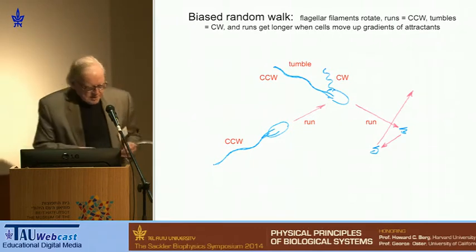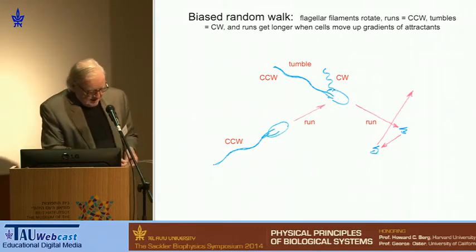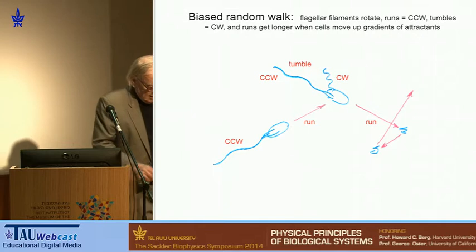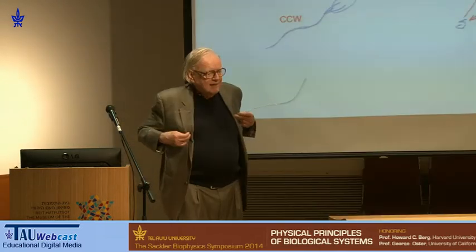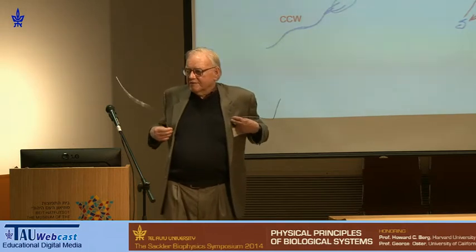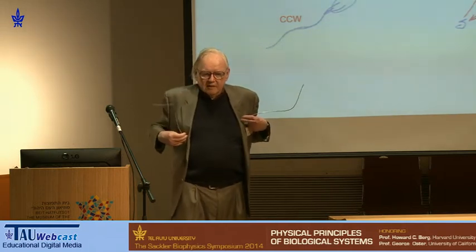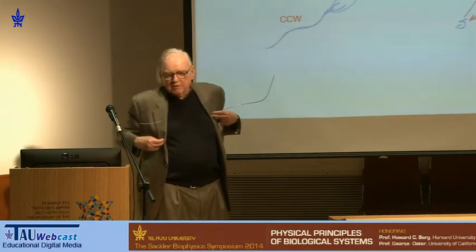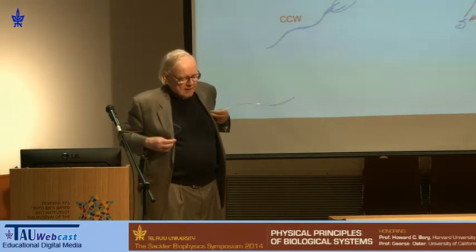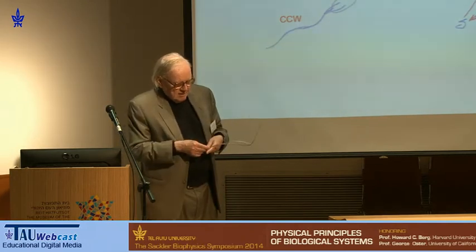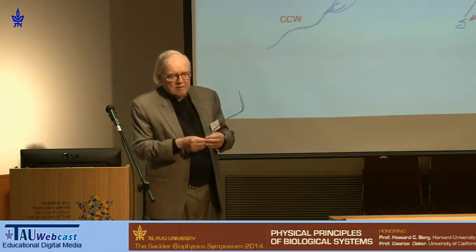I have a song and dance here, which is part of the show. Here's E. coli. It has 4 or 5 of these helices, and they come from fixed positions. The motors are fixed on the surface of the cell, so they're all going counterclockwise, and then they come together and form this bundle.